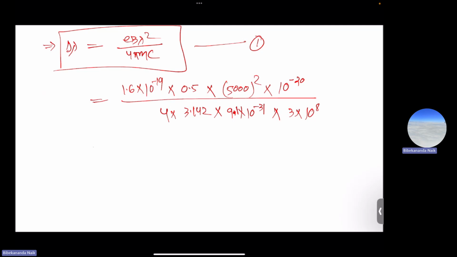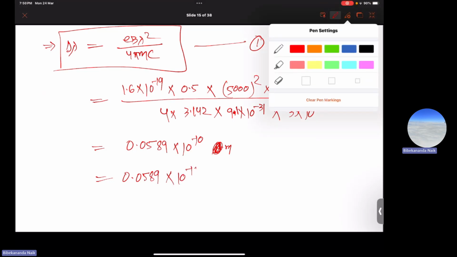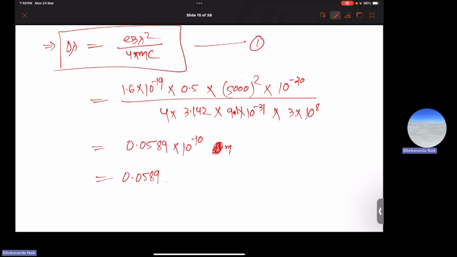If you solve it, it will come out 0.0589 into 10 to the power minus 10 meter, which means Angstrom.